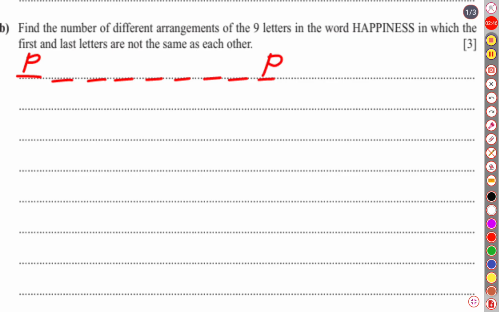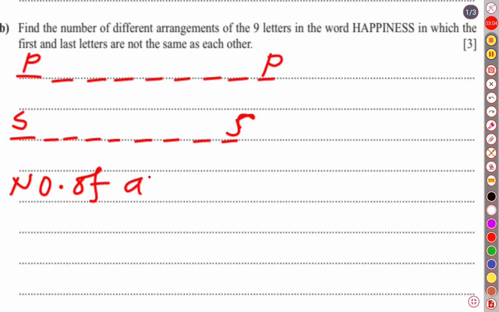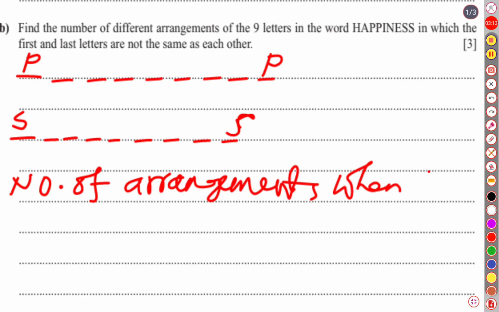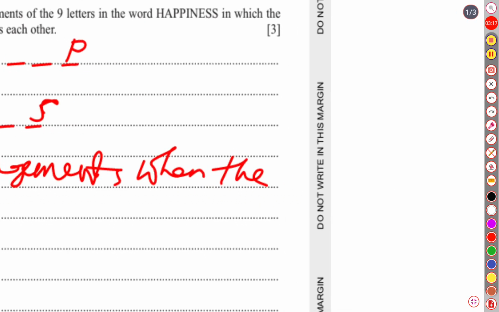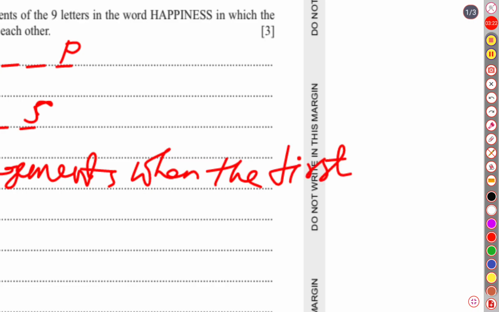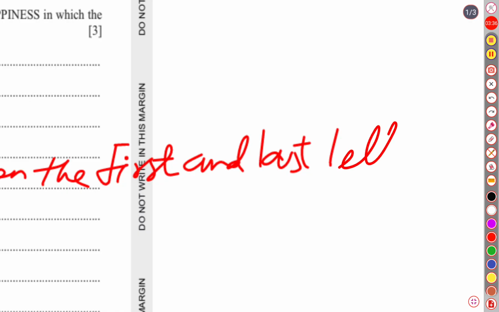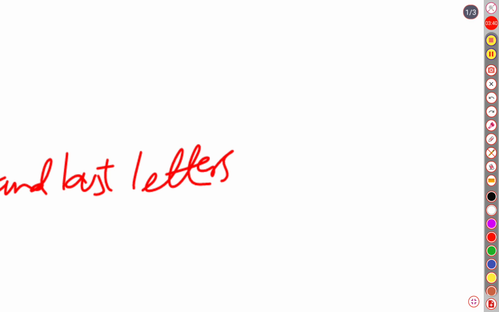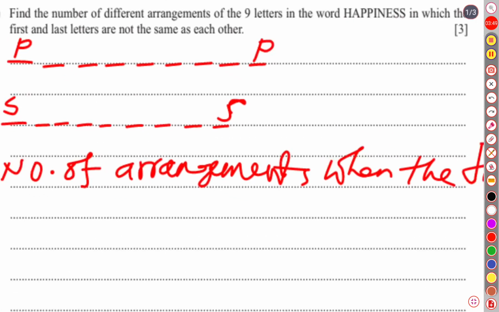And the other case is, let the first one be S, 1 2 3 4 5 6 7 8 9, and the final one is also S. Let us write: number of arrangements when the first and last letters are the same.